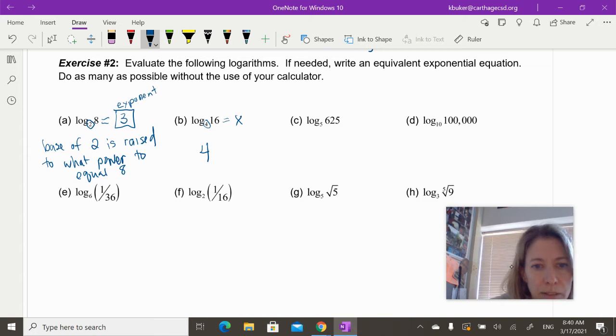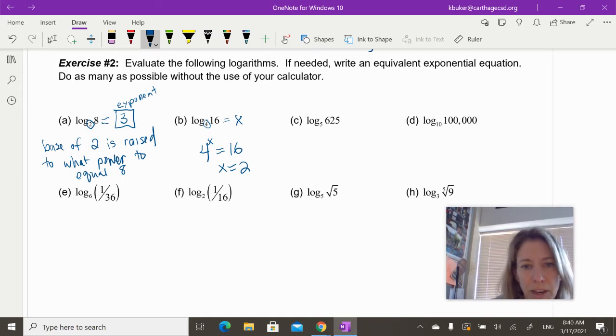The output, which is x, becomes the input, and my input of 16 becomes the output. I'm asking myself, 4 to what power is 16? So x equals 2, because 4 squared is 16. Maybe you can pause the video and try a couple of these on your own, but I'll go through all of these with you because it takes some time to get used to.